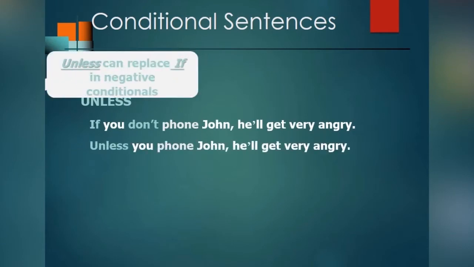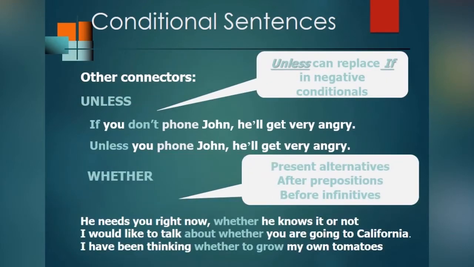Other connectors we can use: the basic connector is if, but we can also use unless to replace if with a negative verb. That happens mainly in the first conditional, and you can see here we replace if don't with unless. We can also use whether, basically when we want to present alternatives after prepositions and before infinitives, as you can see in these three examples that I have included in the presentation.